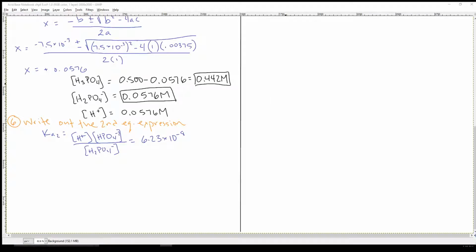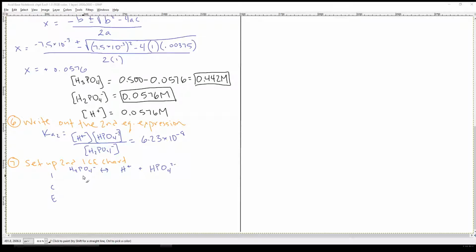So now that I've written this expression, what's next? Ice chart. Before you go off and do this on your own, make sure you get the correct initial concentrations. I have H2PO4 minus, H plus, and HPO4 2 minus.